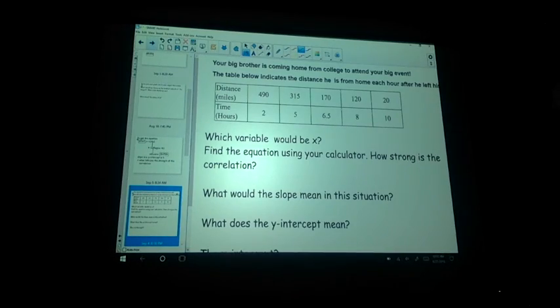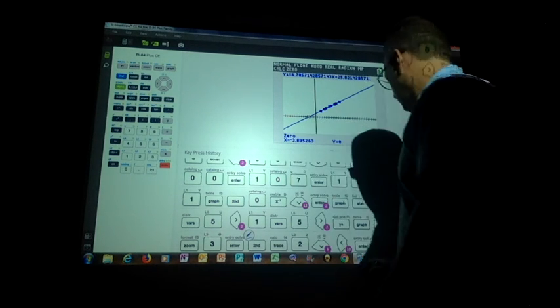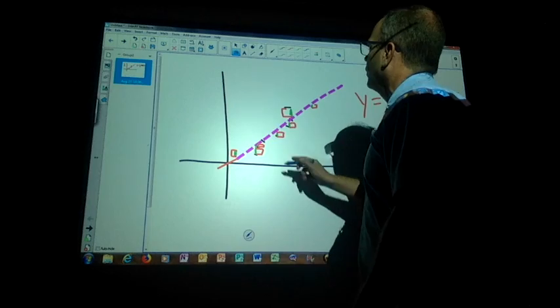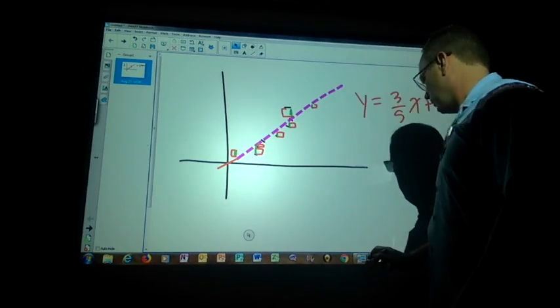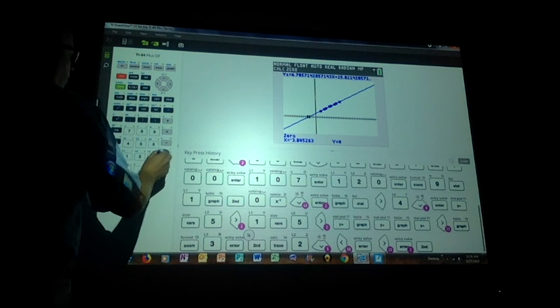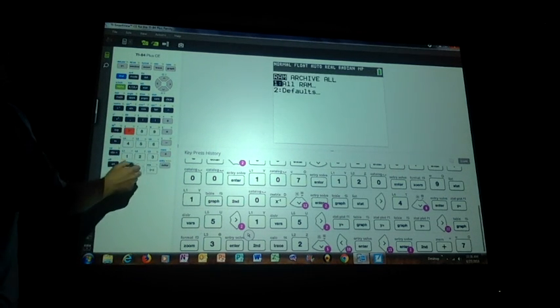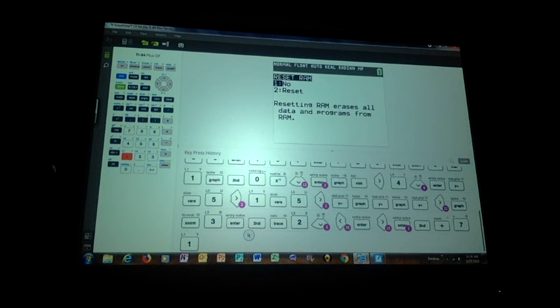All right. I'm going to walk through this the exact same way I've done it before. See if I can go through it a little bit quicker this time. Second, memory, reset. All RAM, and reset. We have to do that.